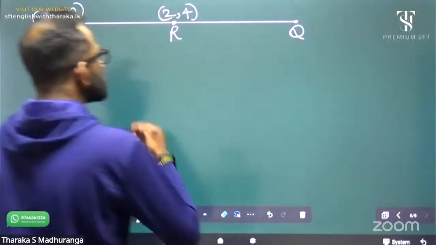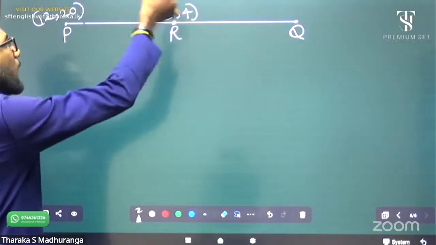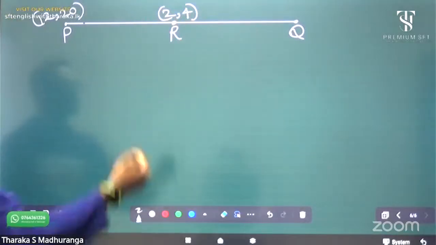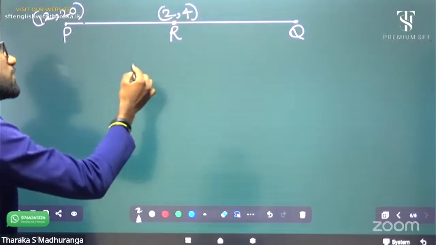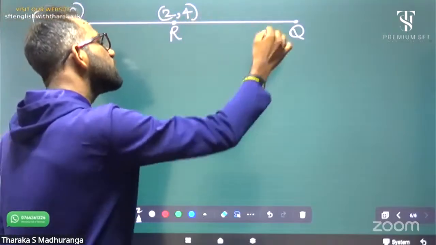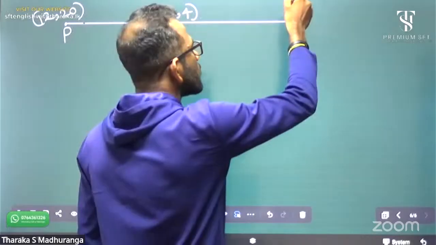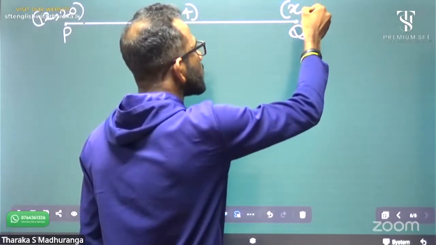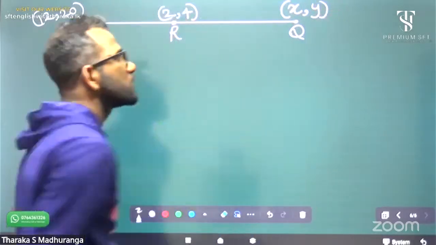Okay, you can draw the straight line PQ, with P and R given. That means the P coordinates are given, and the R midpoint coordinates are given. The question asks: what is the x coordinate, comma, y coordinate of the Q point?